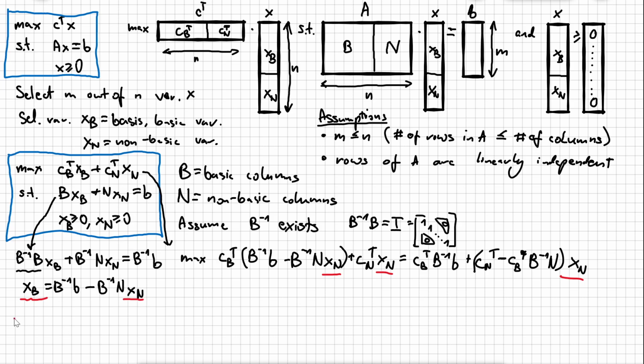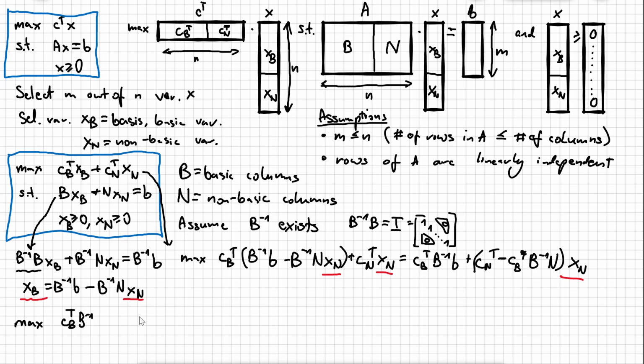I can say now my model is: maximize this objective, so it's cB transposed B minus 1 small b.